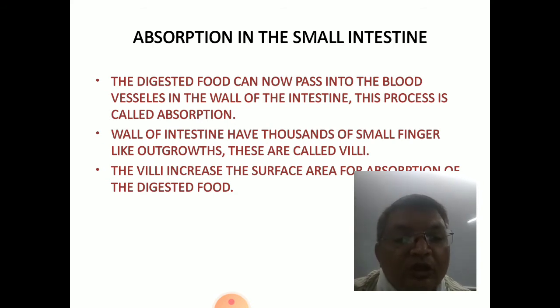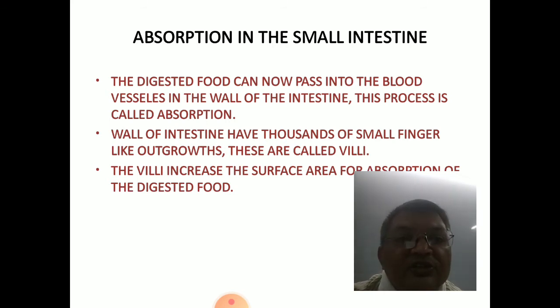Now, almost all the components of the food are digested in the small intestine. Then the digested food passes into the blood vessels in the wall of the small intestine, and this process is absorption. Absorption means the digested food is absorbed by the wall of the intestine.